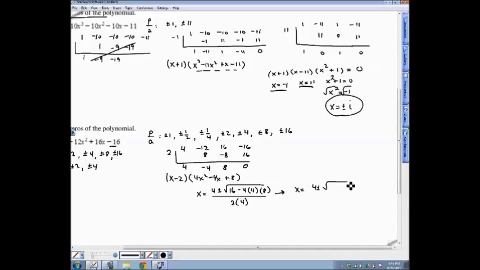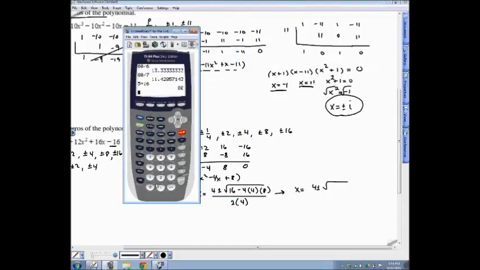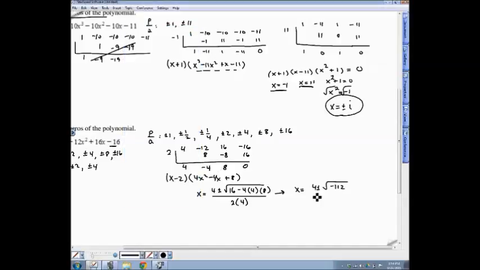So 4 plus or minus the square root of 16 minus 4 times 4 times 8. I would recommend, rather than trying some mental math on some of these problems, that you check it on a calculator. 16 minus 4 times 4 times 8, negative 112.